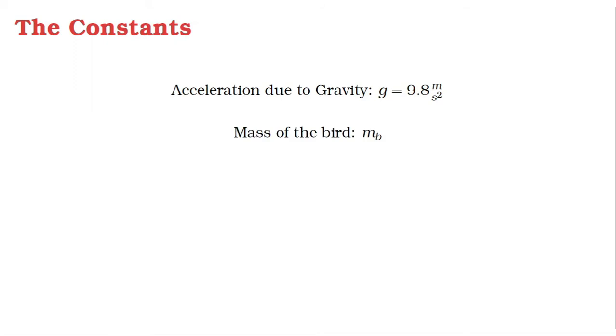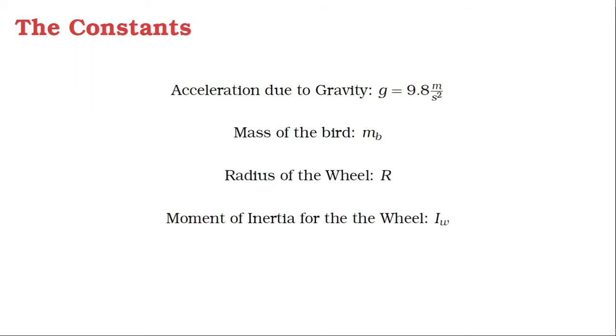To start our derivation, we establish multiple constants used, including acceleration due to gravity, the mass of the bird in kilograms, the radius of the wheel in meters, the wheel's moment of inertia in kilogram meters squared, and the magnitude of the frictional torque in Newton meters.